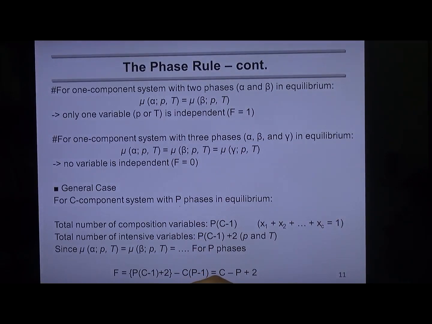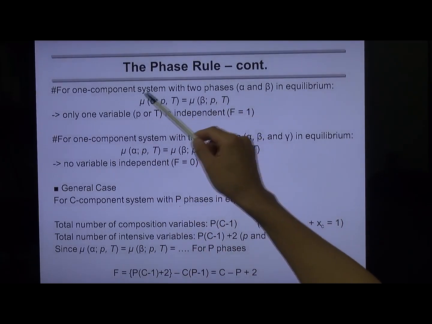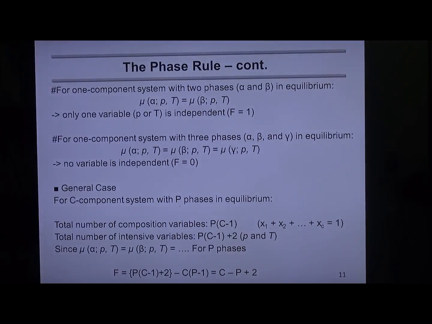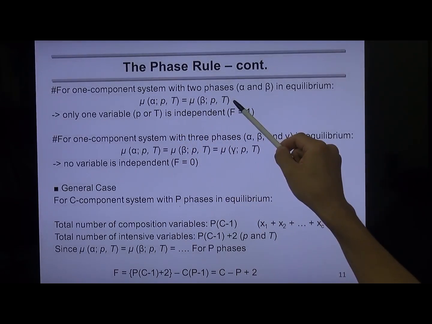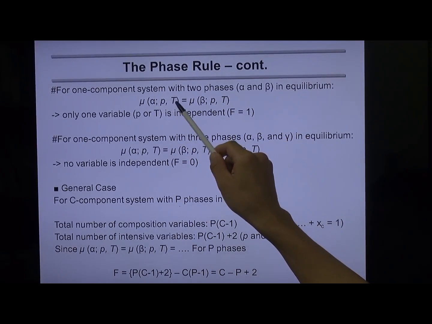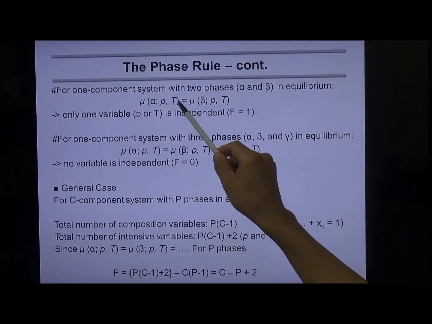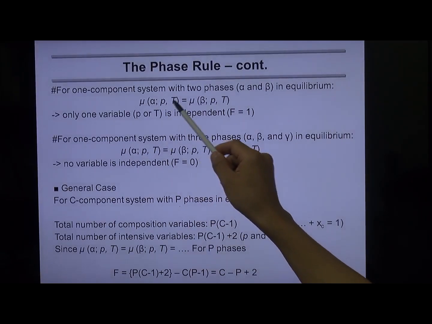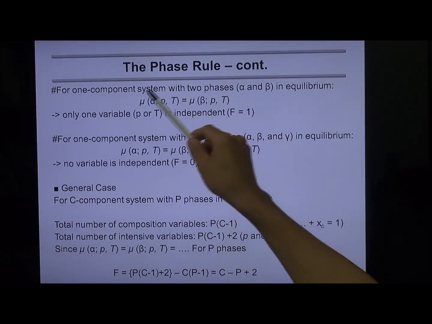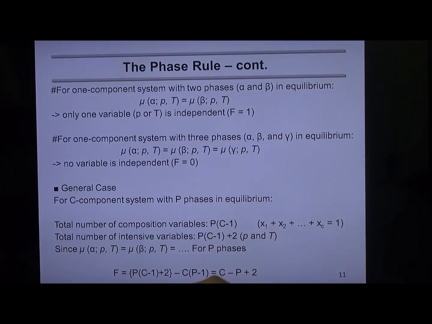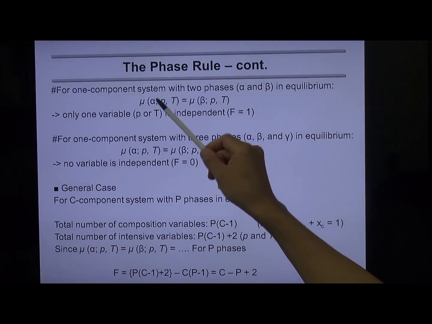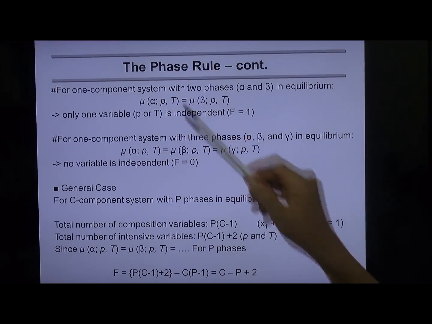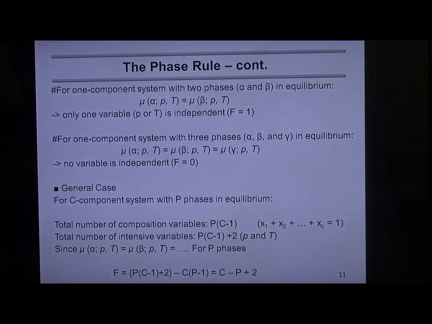So we have one equation. And we have 2 different intensive variables, pressure and temperature. Although we have 2 variables, we only have one equation. Then variance is 1, because if you have a certain number for pressure, temperature will be determined automatically, right?